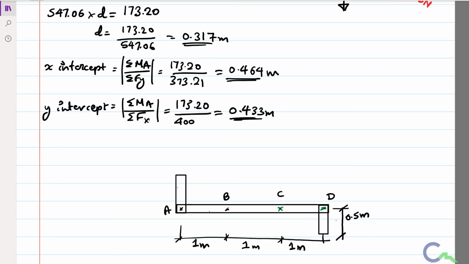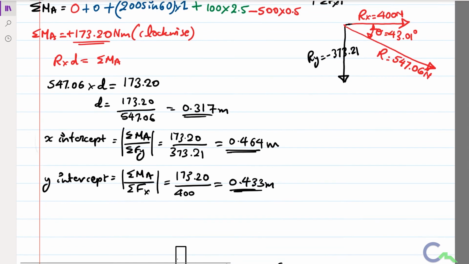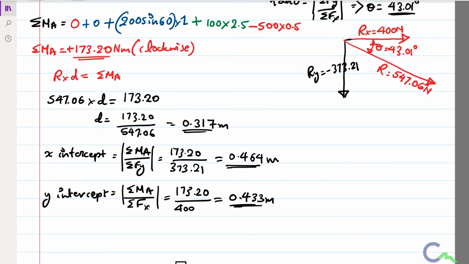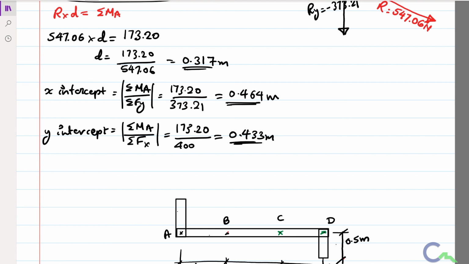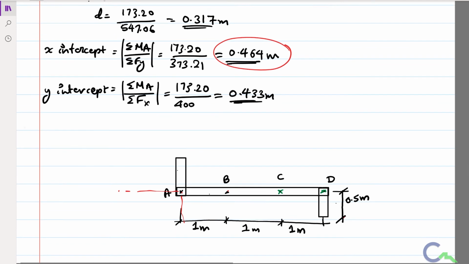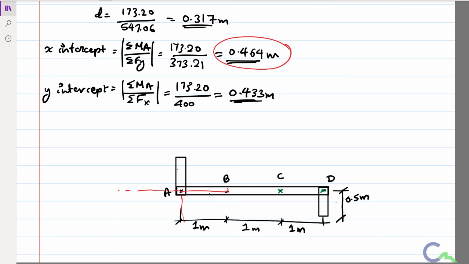So these values I have to show in the figure with respect to A. To show that resultant in figure, first I have to check the value of moment, that is clockwise. So about A, if I take A as origin, in x direction, that is 0.464, here to here, that is 1 meter, so 0.464 somewhere here in between, so I will mark that point.